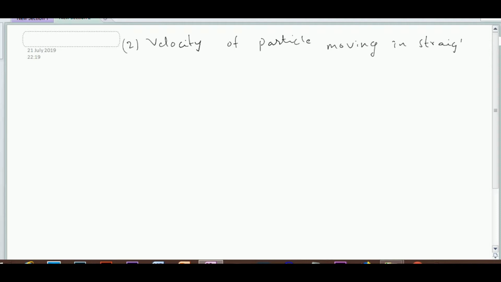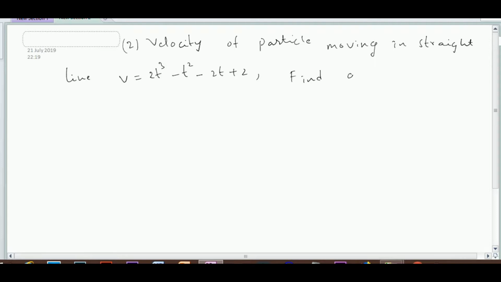Now let us see the second problem. Velocity of a particle moving in a straight line is given as v is equal to 2t cube minus t square minus 2t plus 2. Now find the acceleration of the particle in 20 seconds.